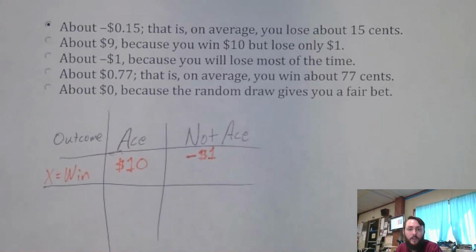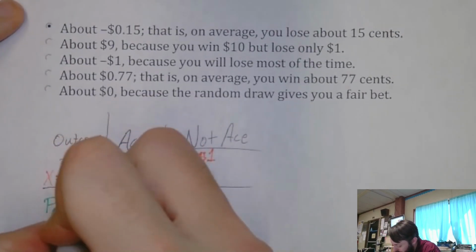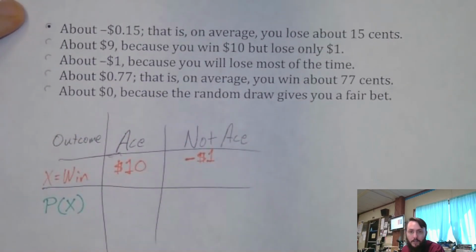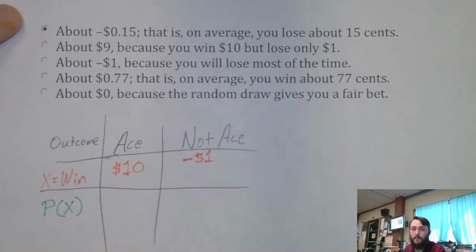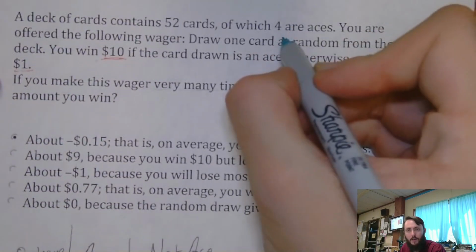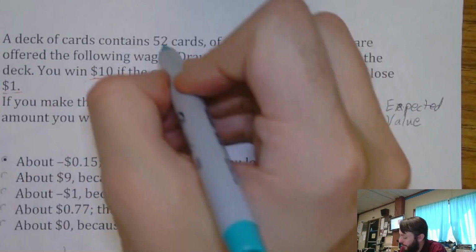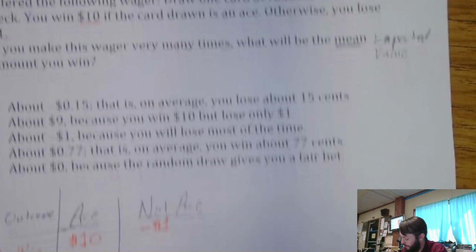After that, we need the probability of these events, so the probability of winning these certain amounts. Now, if you already know what a deck of cards is like, you know what these probabilities might be. But it does tell us here we have 4 aces out of 52 cards.